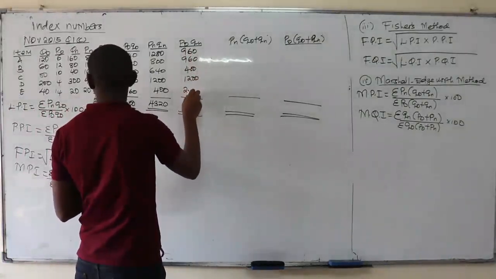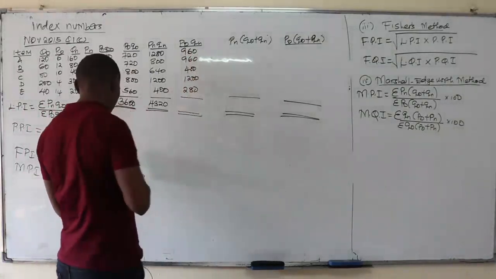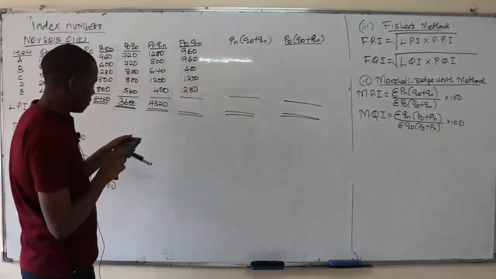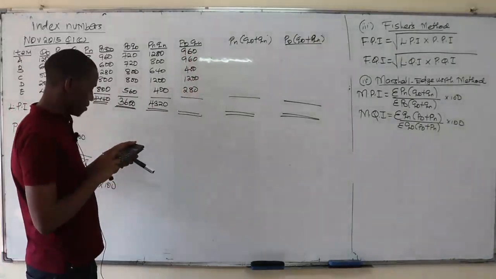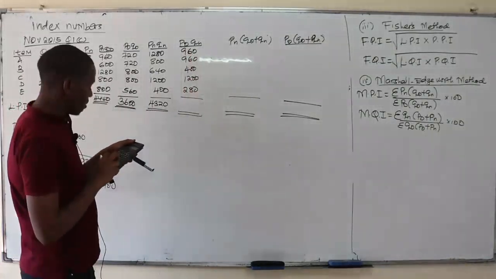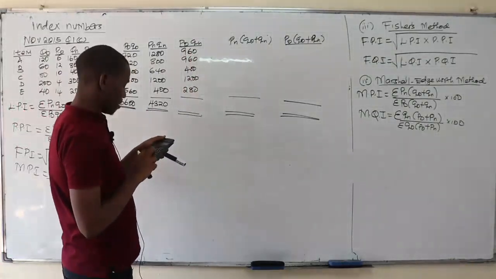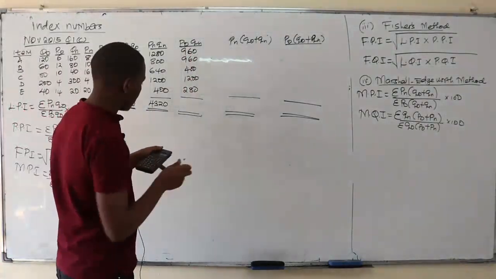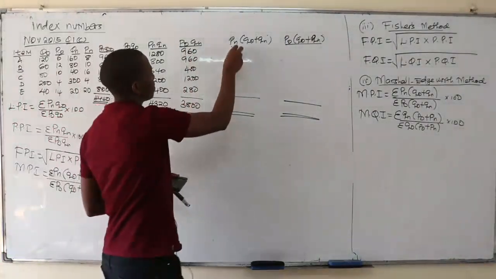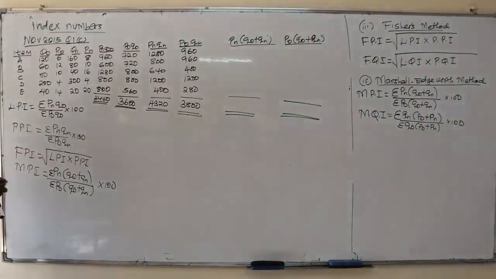This is 14 times 20, that is 280. So if you add that, what does it give you? How much are you getting? 3800. You stopped telling me, so I said I will now try to get the values.